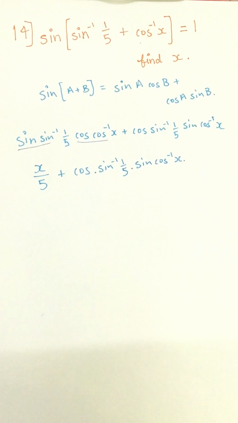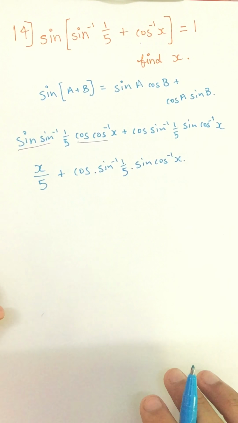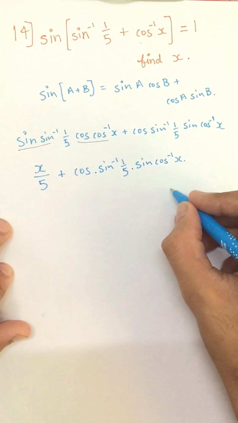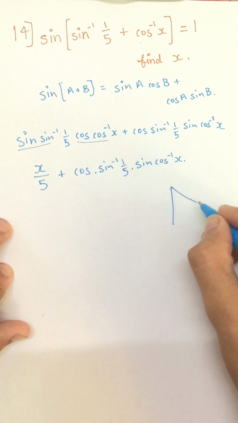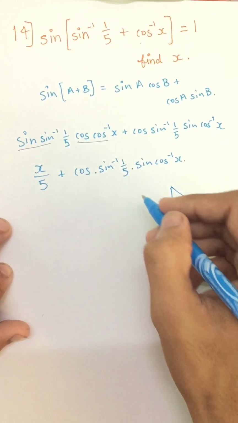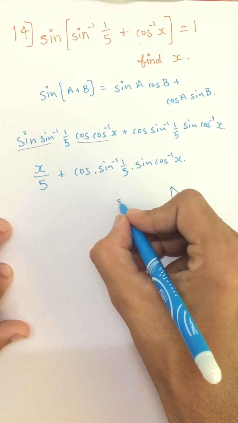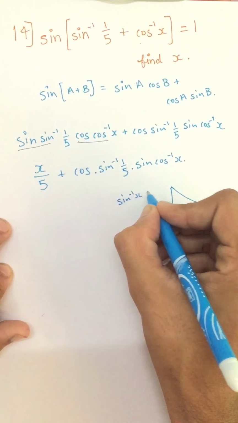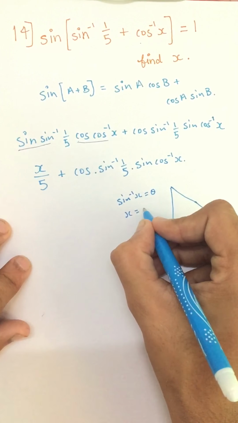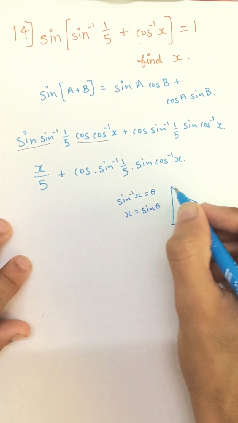Now friends, an interesting thing I want to let you know is, if we have a triangle over here, let us say that sine inverse x equals to theta, which will imply that our x is sine theta.